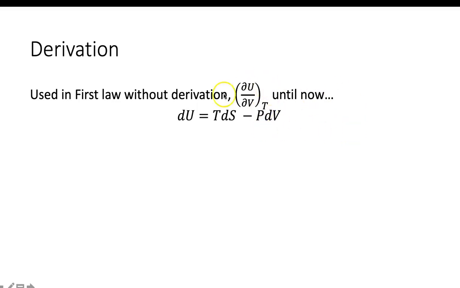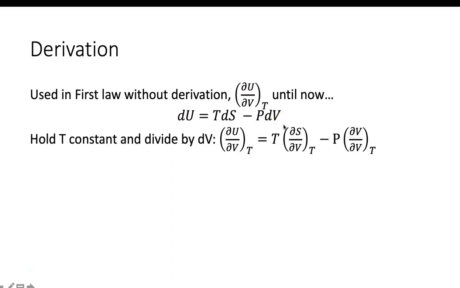So here we start with, so we're going to derive this quantity here. So we start with our definition. We're going to hold our temperature constant and evaluate how it changes with respect to volume. Okay, so we basically divide by dV at each one of these, and then that means this goes to 1 because that's dV over dV, right?